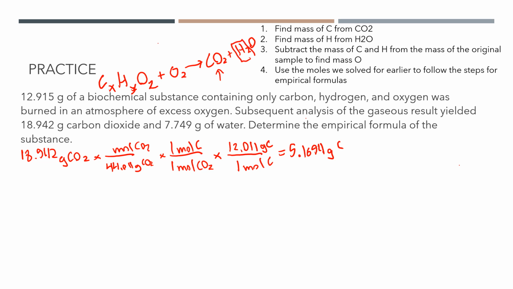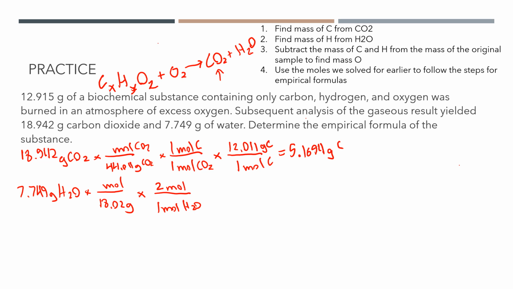We can do the same thing for hydrogens. The water is the only product that has hydrogens in it, and the only reactant that has hydrogens in it is your compound. So let's do the same thing with water. We have 7.749 grams of water. Convert that to moles, using 18.02 grams per mole. And then for every mole of water, we're going to have 2 moles of hydrogen, because of that 2 in the subscript.